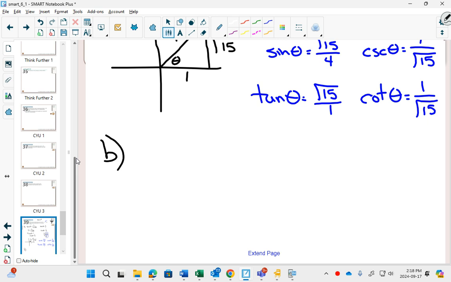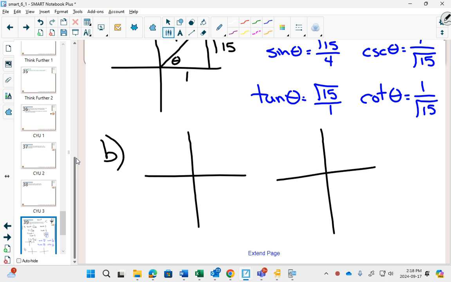So I'm going to draw the angle in quadrant 1 like we had before, and I'm also going to draw the angle in quadrant 4. Again, both of these would go back. This would be a reference angle. This would be the same reference angle. On this triangle, this is 1, this is 4, and this is root 15.